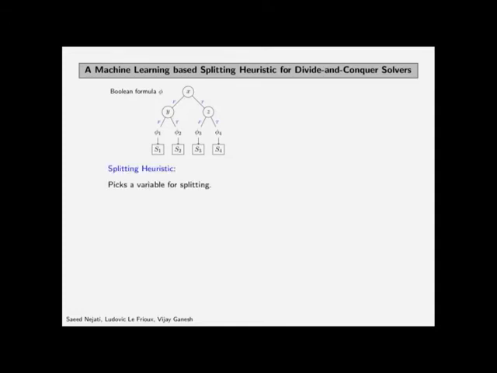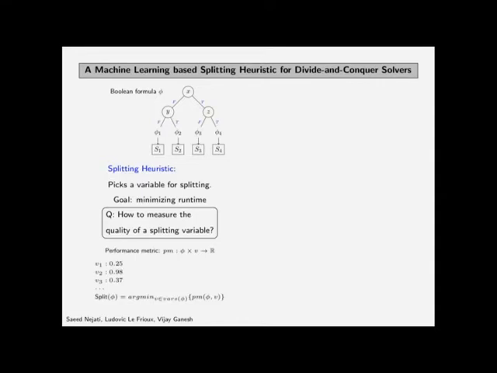The process of picking these variables to split the formula is called the splitting heuristic. The general goal of the splitting heuristic is, of course, to minimize the runtime. But to achieve this goal, we need to answer the question of how to measure the quality of a splitting variable.